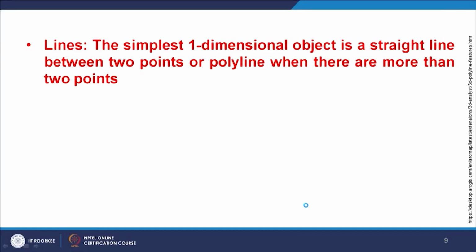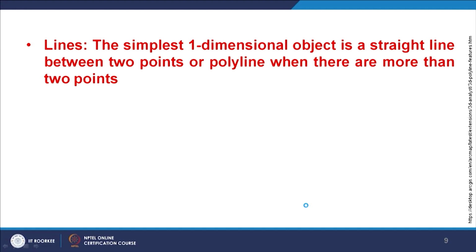Now the second entity among vector entities is the line or polyline. Instead of 0 dimension, we are moving a little higher in the dimensions, and this is called a one dimensional object or entity. If it is a straight line, then it is nothing but a begin point x1 y1 and x2 y2, or begin node and end node, that is it.